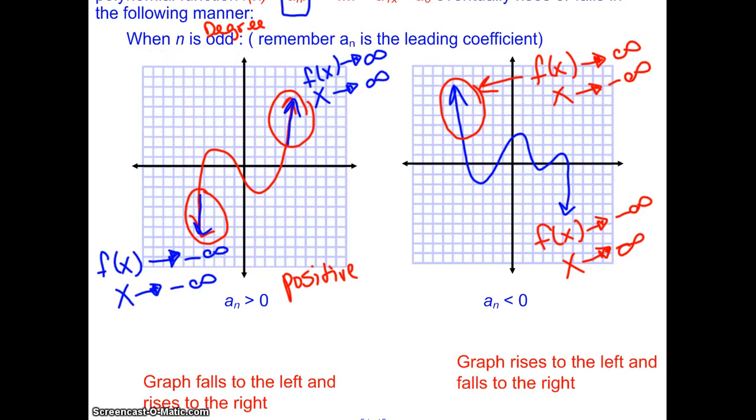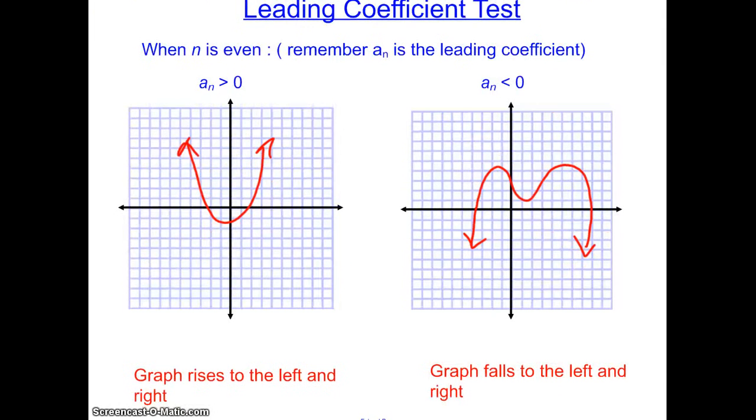Okay, let's take a look at even degrees. When a is positive, you all know that it's a happy face. If a is negative, it's upside down. So what's the end behavior here? The graph f of x is going up.